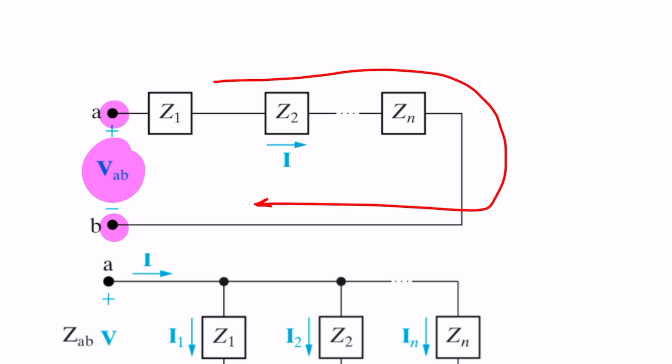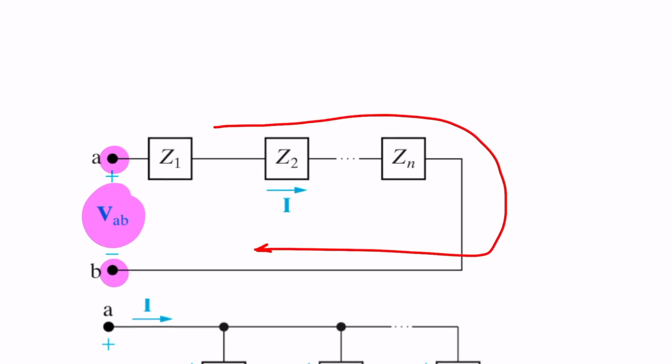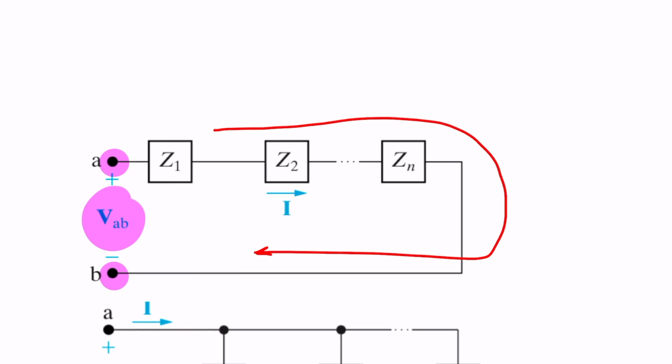Remember, this bold I is representing a phasor, which is basically a sinusoidal wave. So I will have the equivalent of this bold I in the time domain. Because everything is in series, this current must be the same.